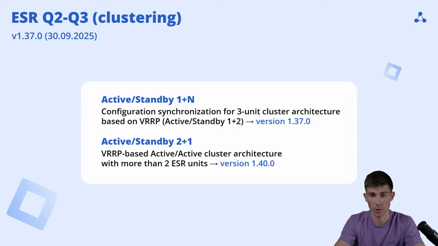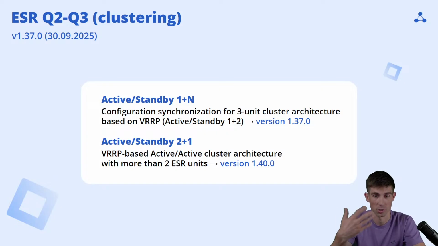So first thing I'd like to cover is clustering. It is quite important, and again, a lot of resource was put into this work. With clustering, we are aiming at the beginning of next year to be able to offer a VRRP based cluster of 4 devices, basically following pattern 2+2, 2 active and 2 standby devices, but we are doing this gradually.